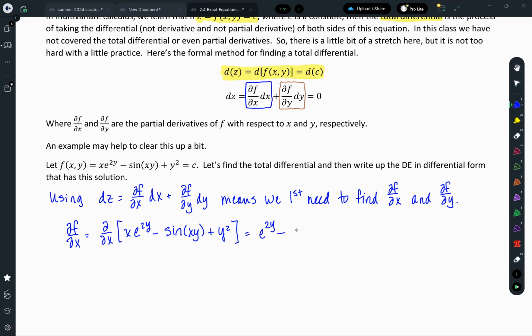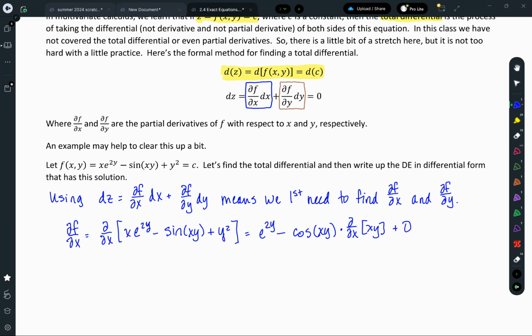So I get minus cosine of the angle, which is xy, times del x of the angle xy. Right, there's my chain rule coming in. Then plus the derivative of y squared with respect to x. Well, y squared is just a constant. The derivative of a constant is just 0.